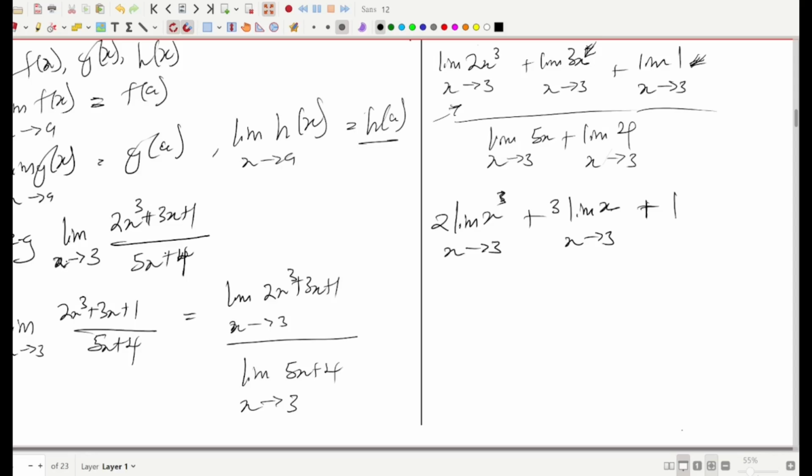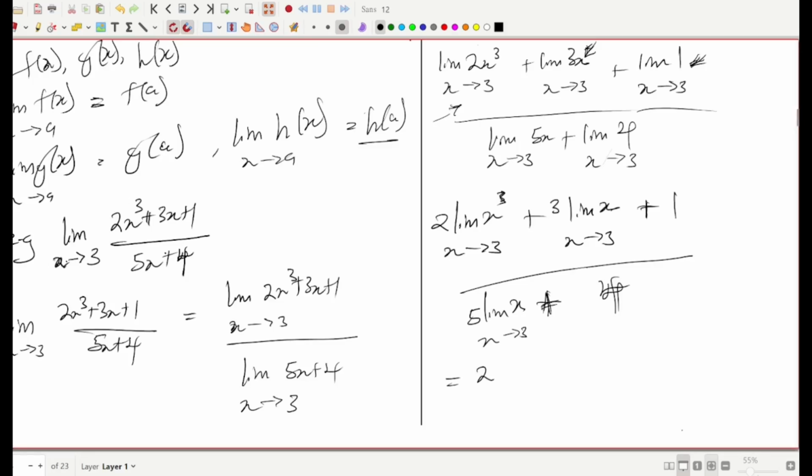So I have 1 divided by, we can do the same for the denominator, 5 times the limit of x as x approaches 3 plus limit of 4 as x approaches 3 is a constant itself, which is 4.